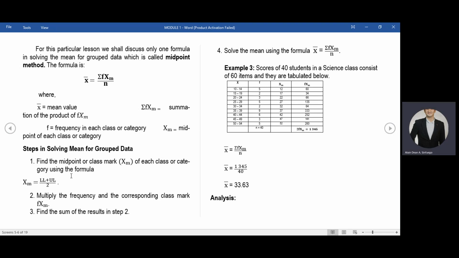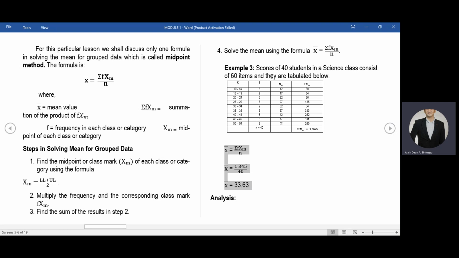Lastly, you just substitute the values in the formula. X bar is equal to the summation of f times x sub m all over n. So here are the computations, substitutions, in finding the mean of the grouped data.